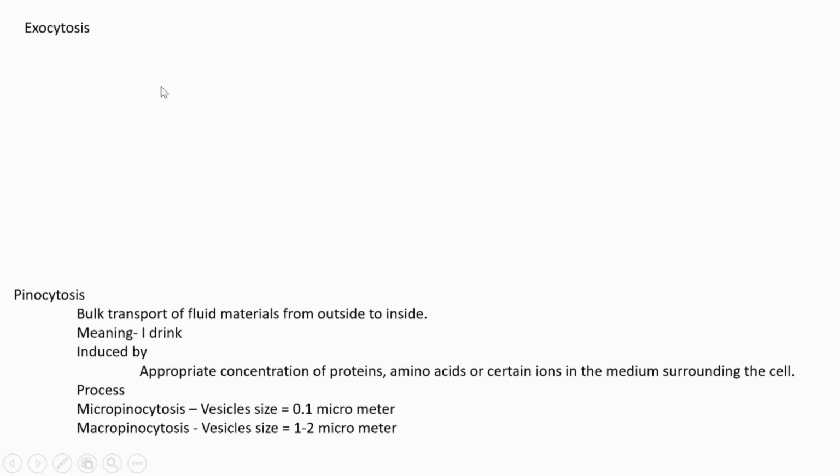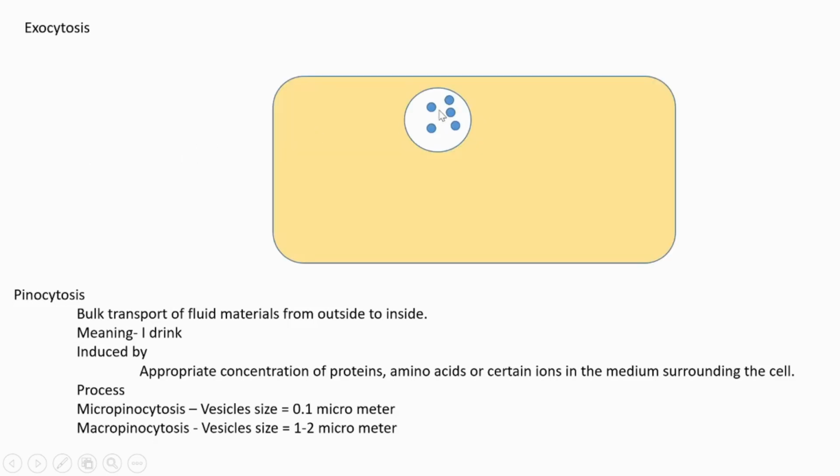Exocytosis means the substance from inside the cell is transported or released to outside. This is the material that needs to be released outside, and it is released in this way. First, it is trapped in a vesicle inside the cell, and then this vesicle goes and fuses with the plasma membrane and releases the substance to outside.